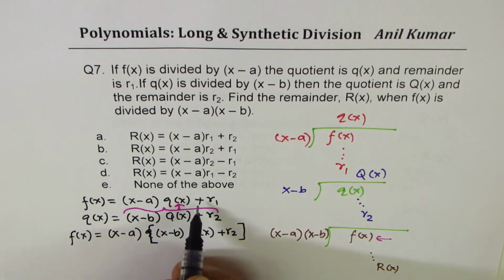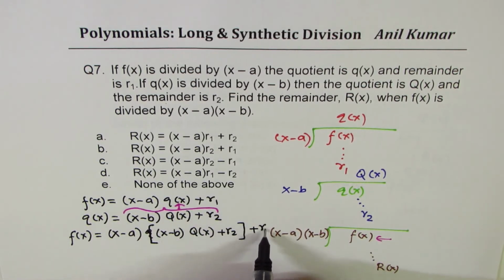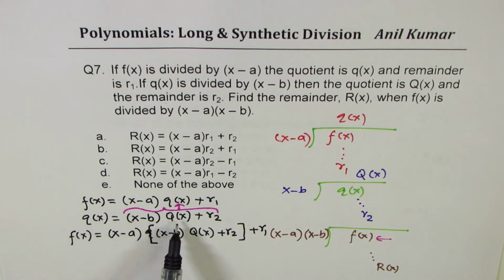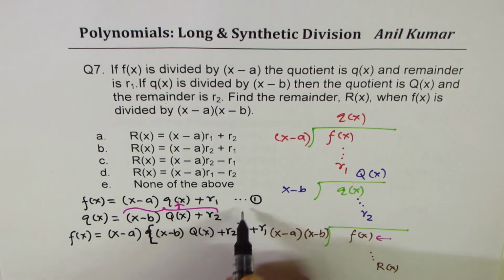Does it make sense to you? So what we did was substitute the value of q of x in the first equation. Let's call this equation 1, this equation 2.